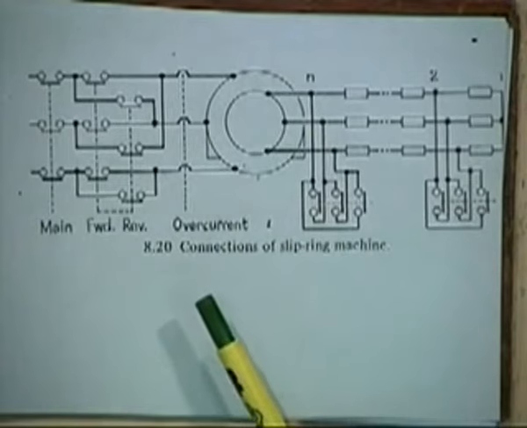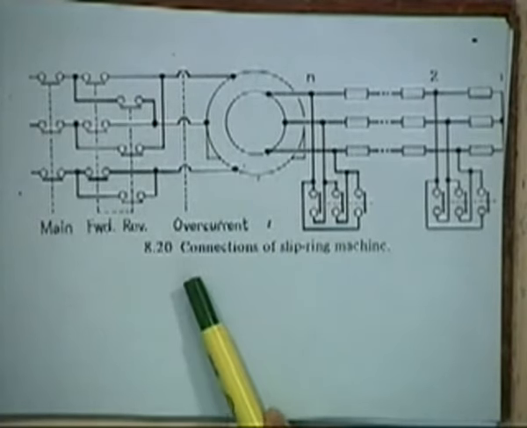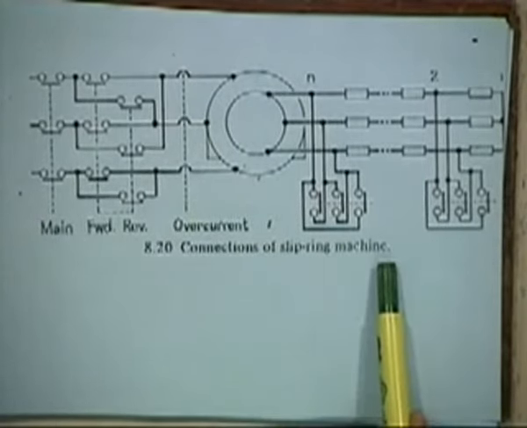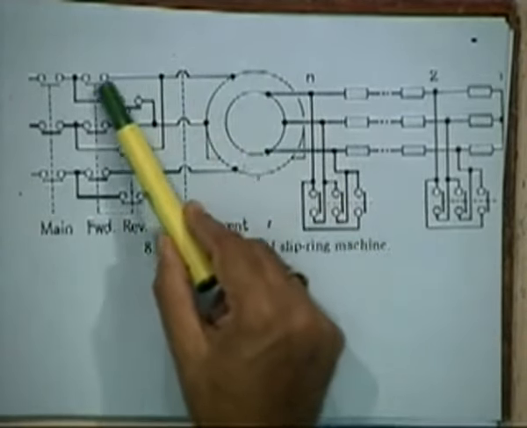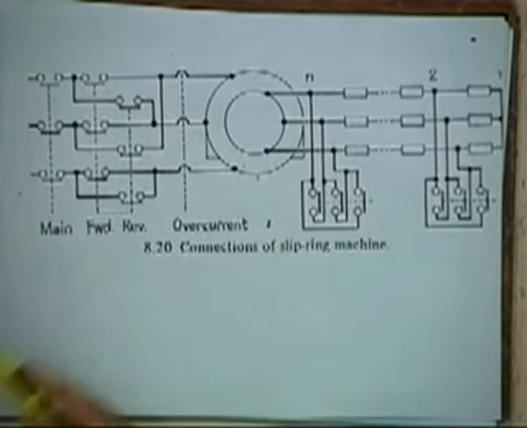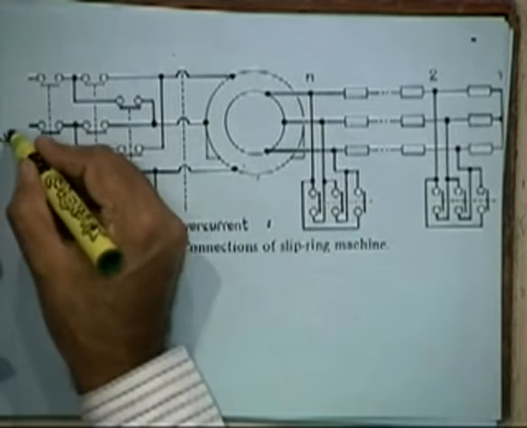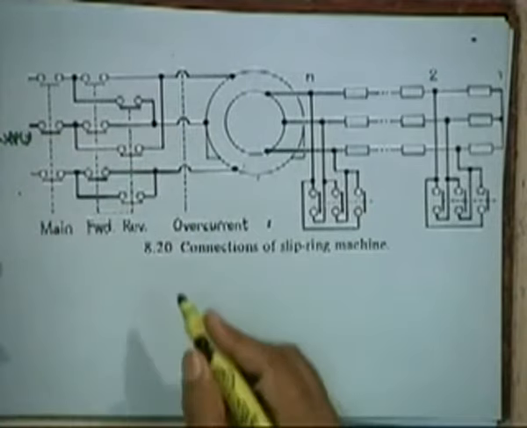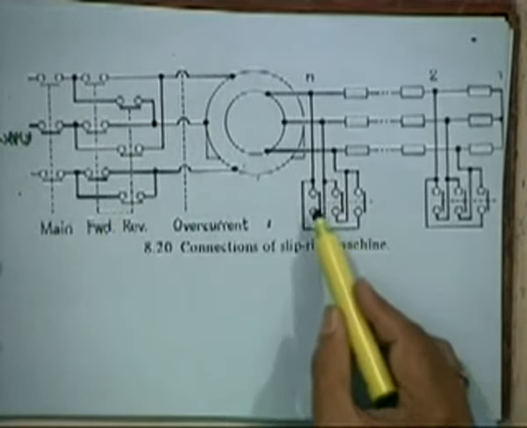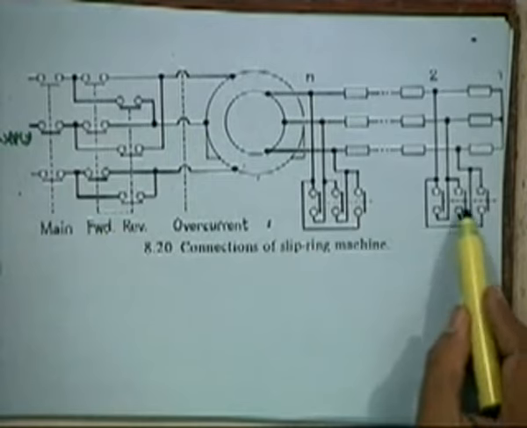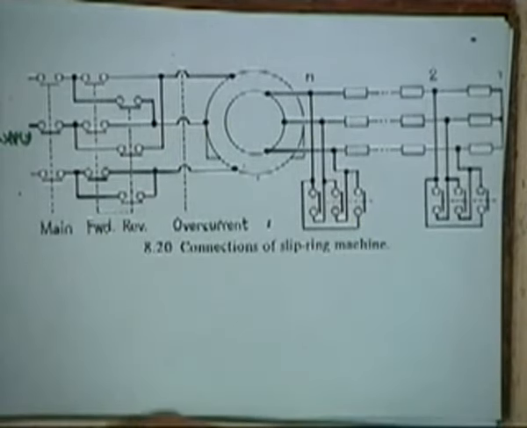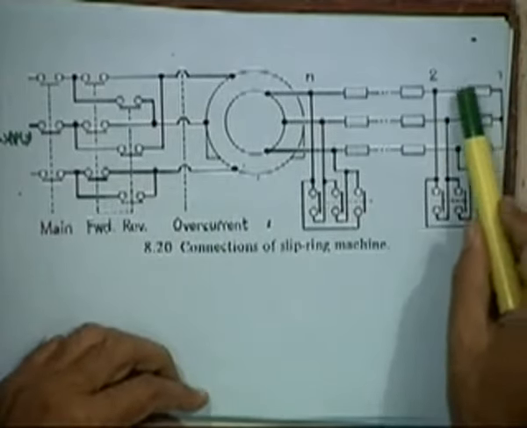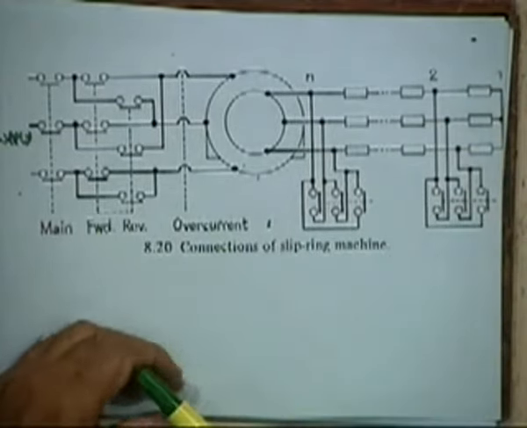This is one of the circuits for connections of slip ring machines. You have the slip ring machine here. The stator is connected to the mains, this is the supply. And on the rotor, you have these resistors and these contactors which will cut off the resistors by closing them.